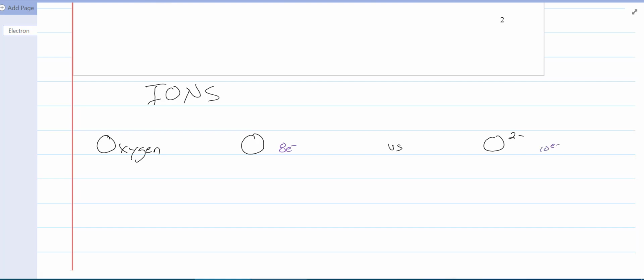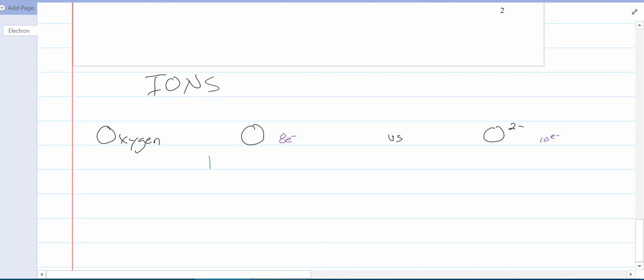So for oxygen, I'll be honest, 1s2 versus [He], which one's the shortcut? I don't care which one you use. If I'm writing by hand, 1s2 is faster for me to write. If I'm typing, helium is faster. So it just depends on what you want to do.